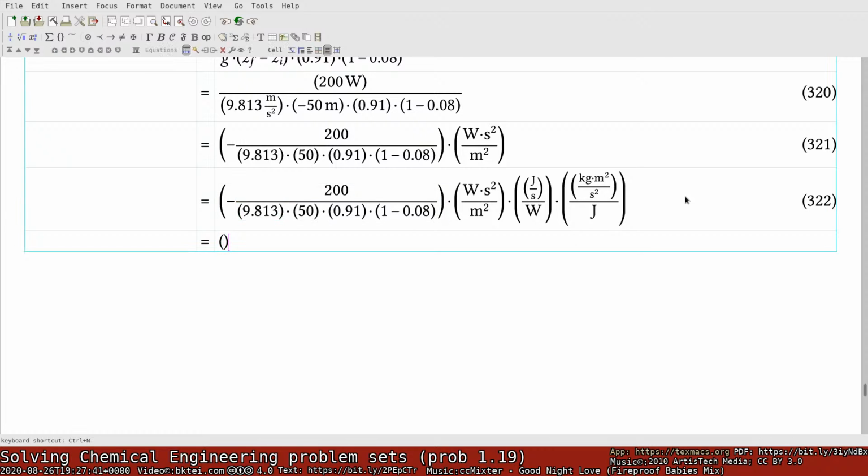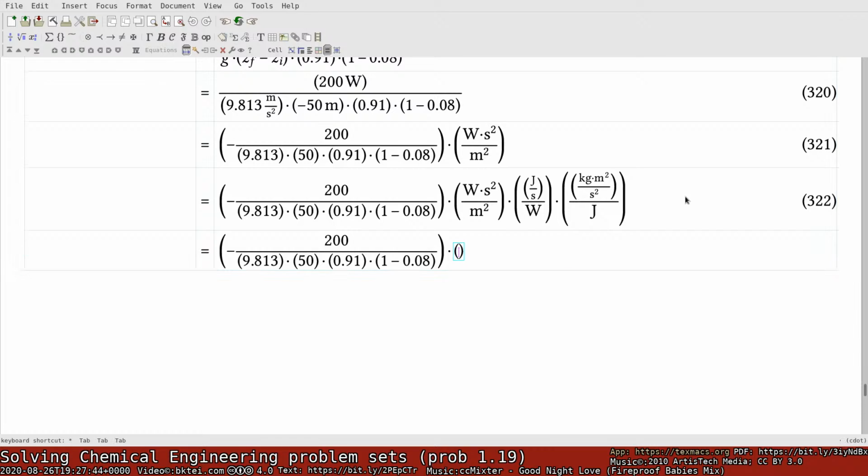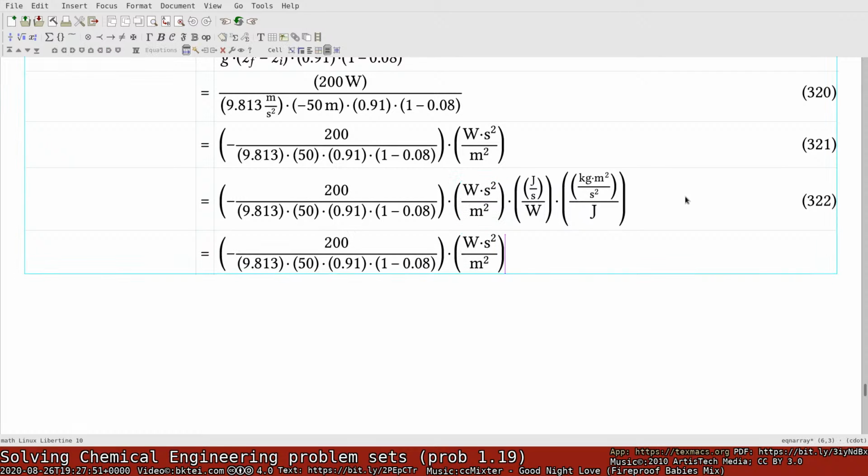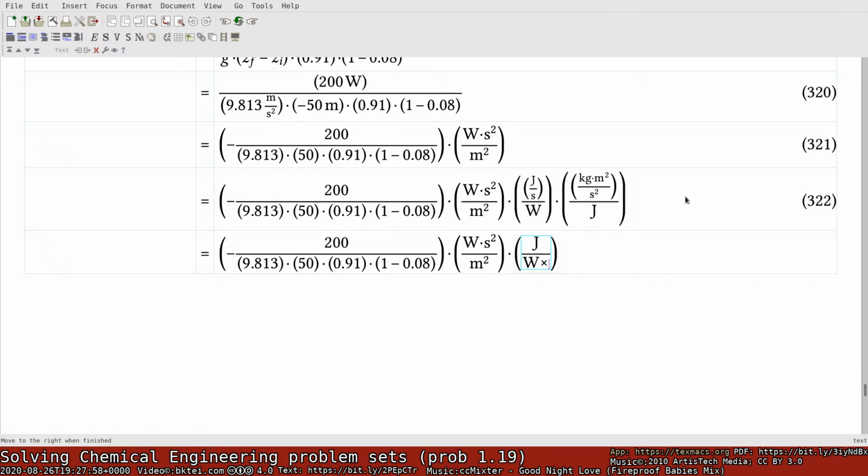Let's put this big number in here for now. Watts cancel. It's kind of hard to see, so let's put these in more simplified terms. This is joule, this is watt, this is second, this will be kilogram, meter squared.